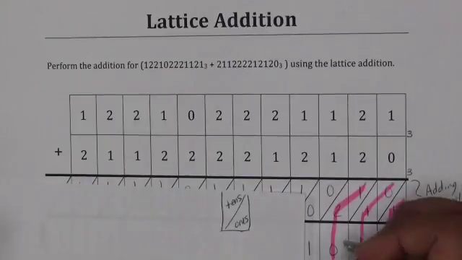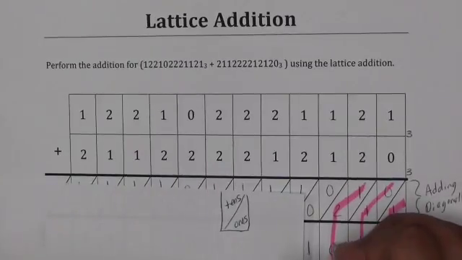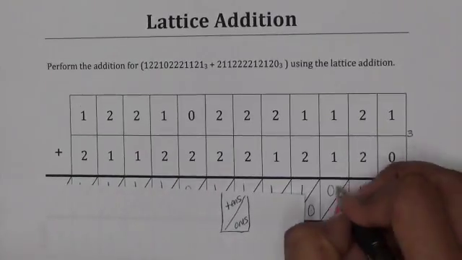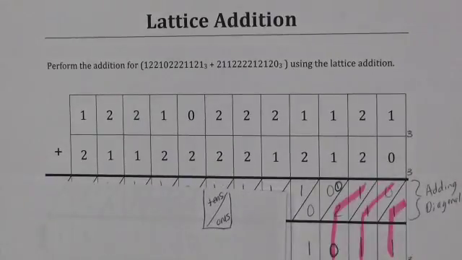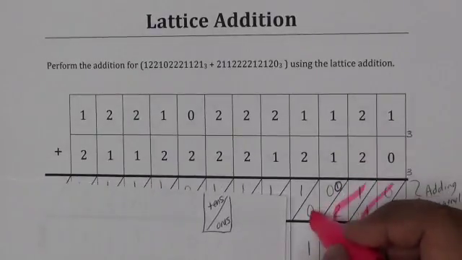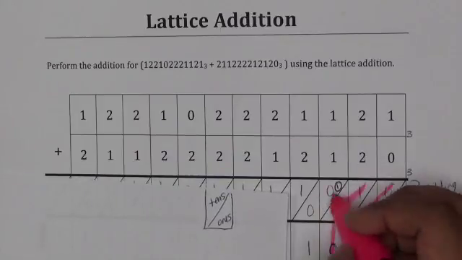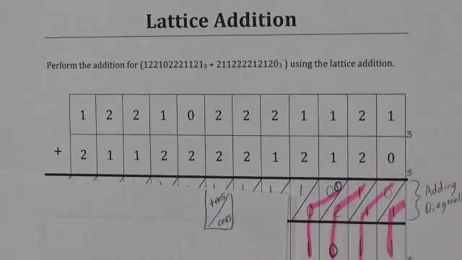It's going to be 10. Now what you're going to be doing is that you're going to be putting the ones here, carry the 1 up here, and add it in the following box. In this case, 0 plus 1 equals to 1.